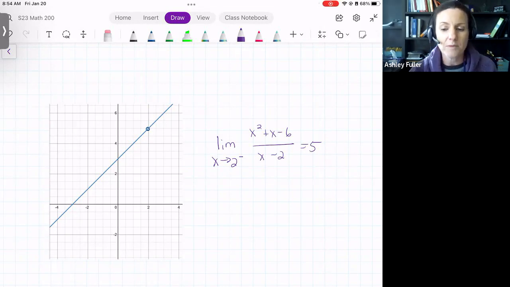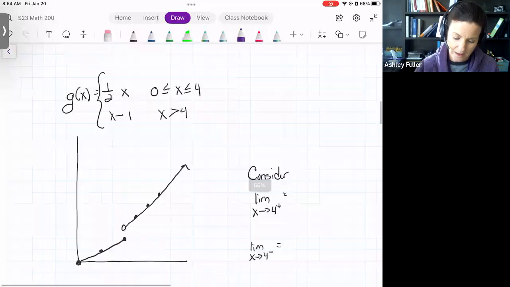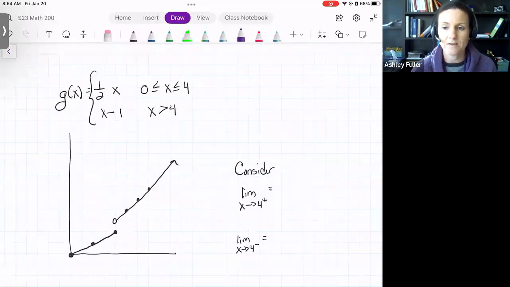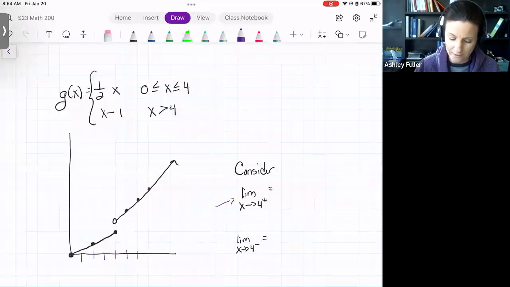We can consider other limits as well. As x approaches different numbers, we can come from the left or right, and sometimes the values are or are not the same. For example, consider this function. We have a piecewise function here, defined between 0 and 4 as 1/2 x, and defined from above 4 as x minus 1. So let's consider these two limits. Looking at the graph, we have x is 1, 2, 3, 4, 5, and so on. And this is read the limit of the function as x approaches 4 from the right.